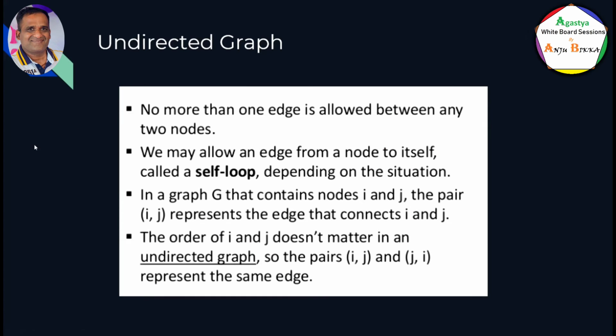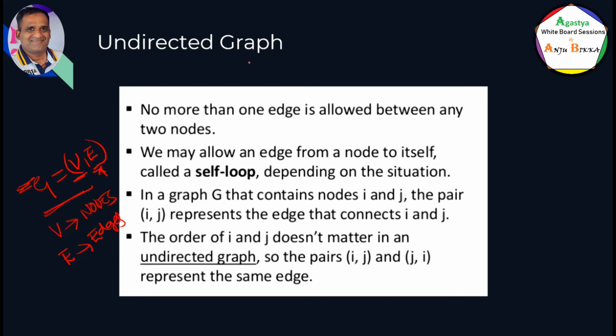In the mathematical way, we represent the graph as G equal to (V, E), where V represents the nodes and E represents the edges. This is the way we represent it.